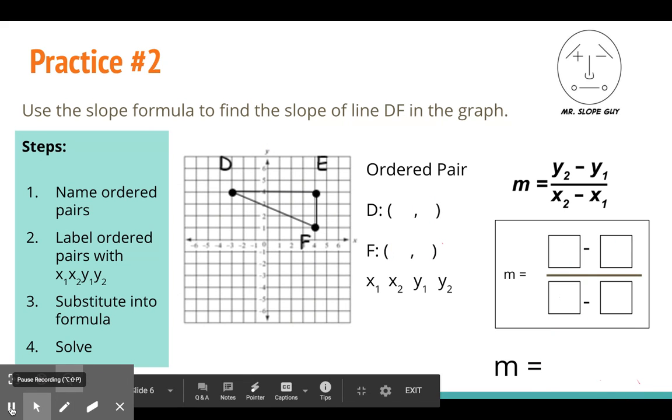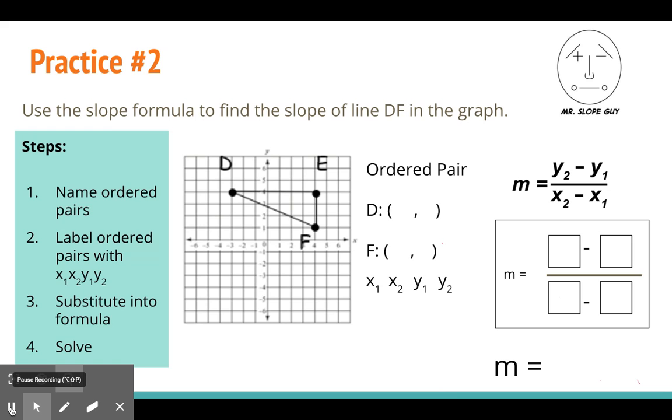On this next slide, we're going to do the exact same thing. So looking at this, we're going to identify the point for D. The point for D is going to be negative 3, 4. So negative 3, comma, positive 4. The point for F is going to be at positive 4, comma 1. So 4, comma 1.